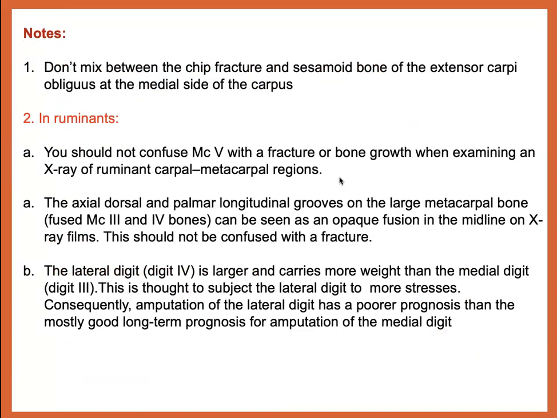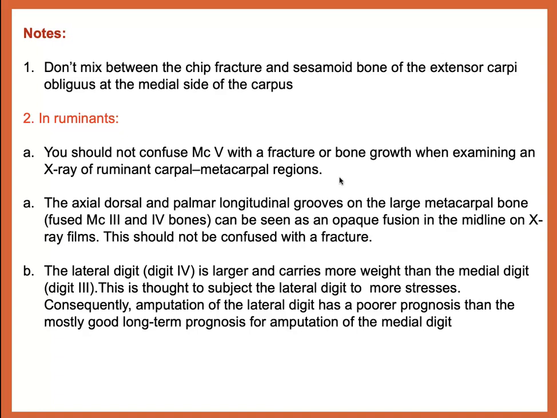Also, as you know, bovine is didactyl. Then you have the lateral one and medial one. Lateral one is usually number 4, and medial one is number 3, because we know 3 and 4 are the main ones in bovine. But the lateral one, number 4, usually carries more weight.